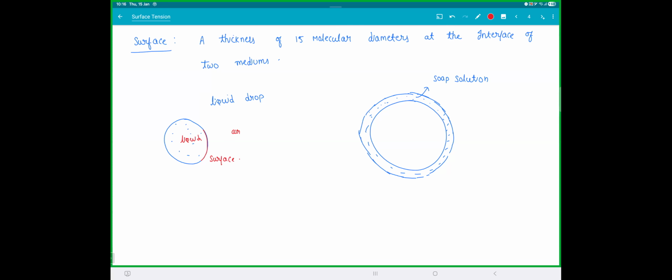But if you look at the soap bubble, we have air inside, soap solution here, and again air inside. So there is one and there is two. There are two surfaces, so be careful with that. Whenever you handle soap films, we always have two surfaces. And the thickness of a soap film is generally around 2 to 3 lakh molecular diameters. Compared to 15, it is pretty thick.